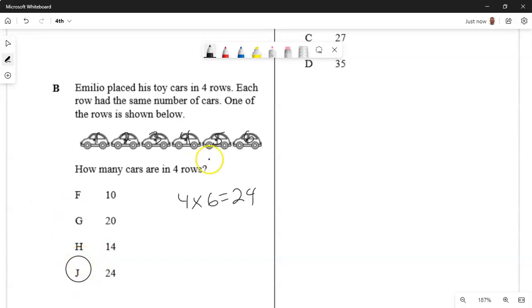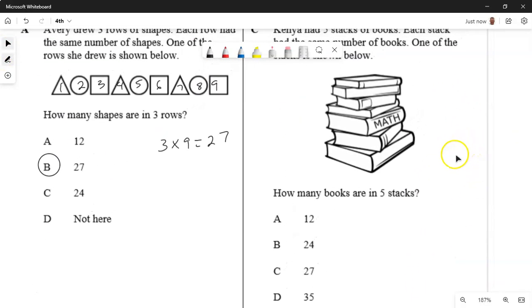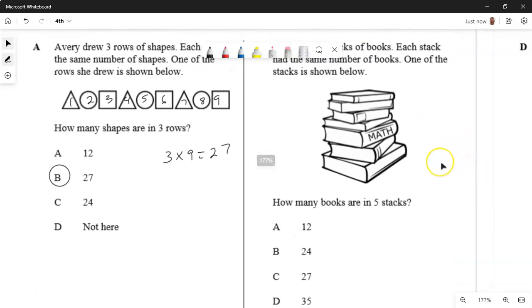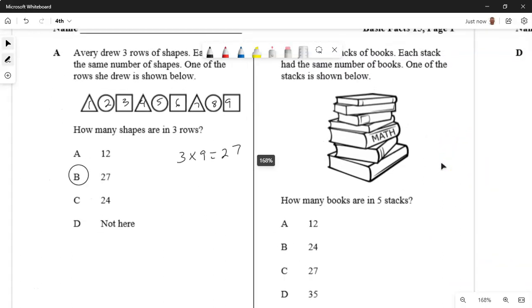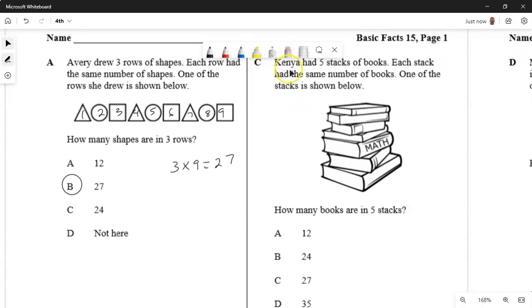Go ahead and look at problem C now. Says Kenna has 5 stacks of books. Each stack had the same number of books. One of these stacks is shown below. How many books are in 5 stacks?